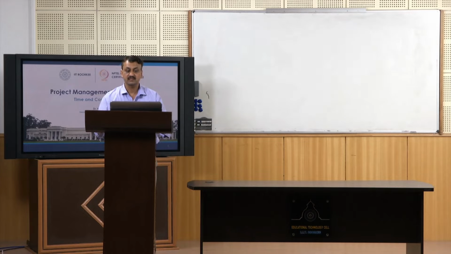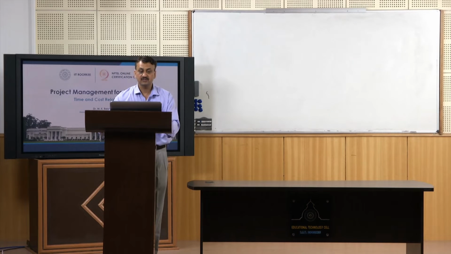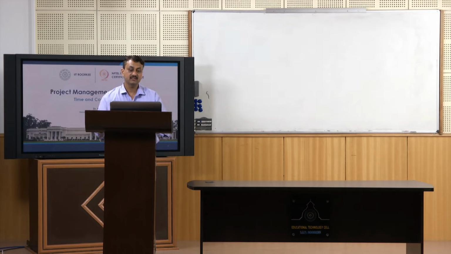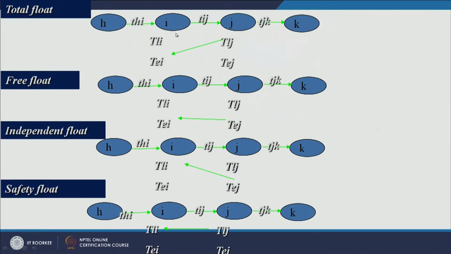So, let us look at this network. After calculating TE's and TL's for the events, if you want to calculate total float, then what you should do? TLJ minus TEI minus duration. You need not remember these formulae.